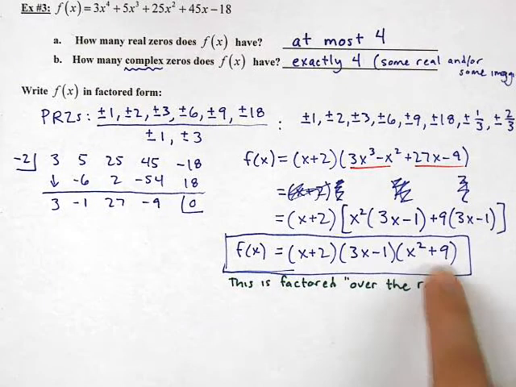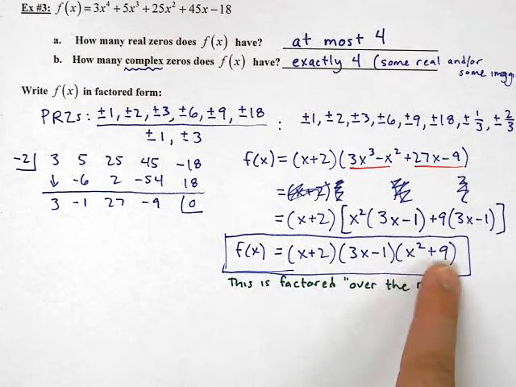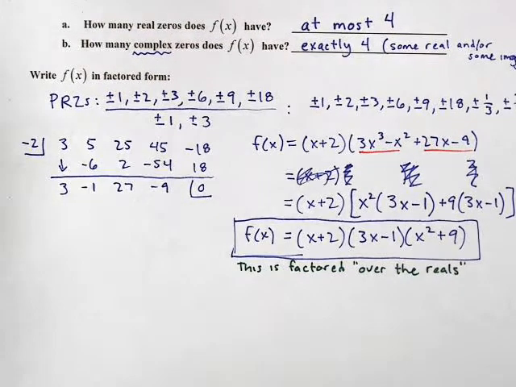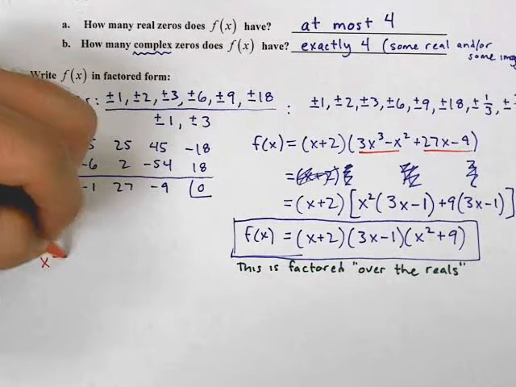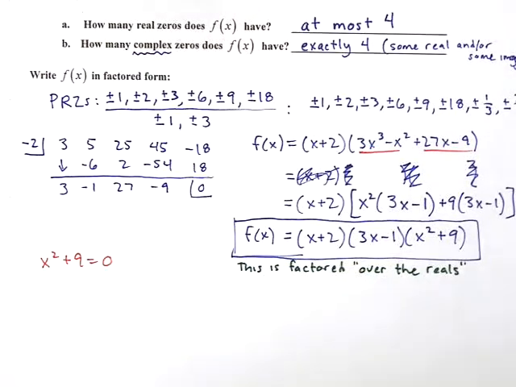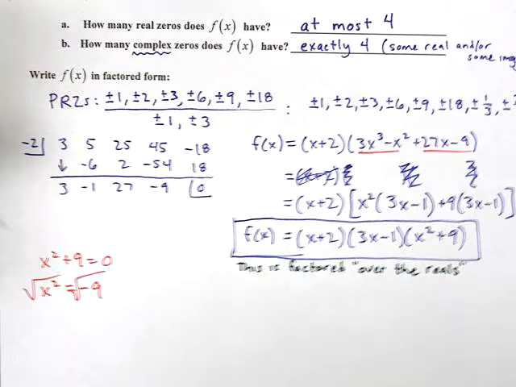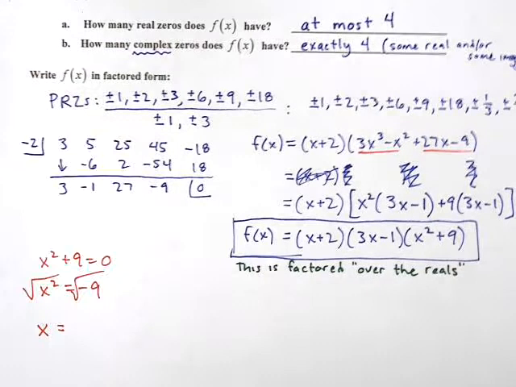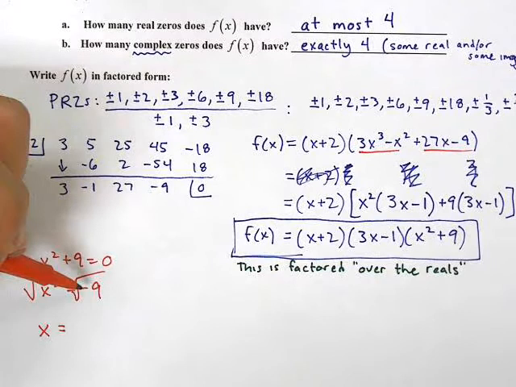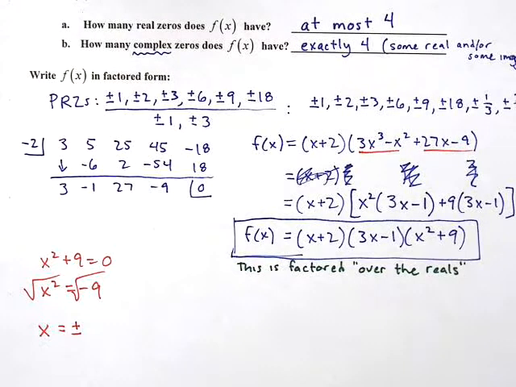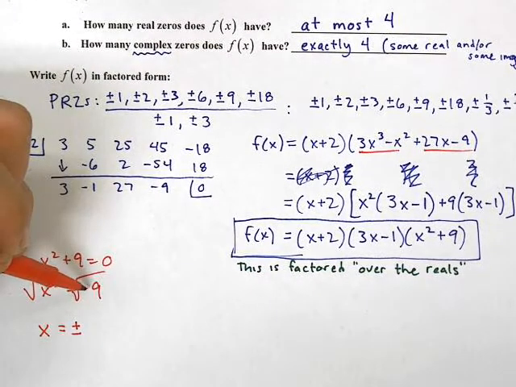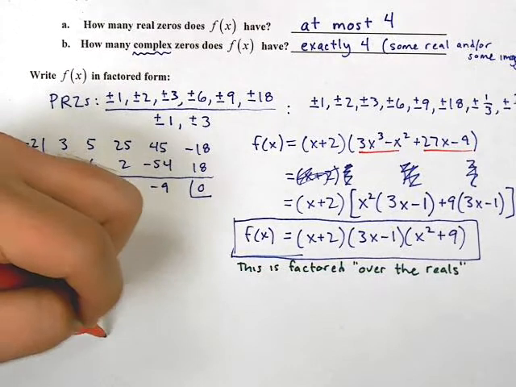We could use the quadratic formula because we have a quadratic, but we can just use the square root method here, and we can say x squared plus 9 equals 0, or x squared equals -9, or when we square root both sides, we get x equals, now let's think about this, when we take the square root of anything, we're always going to get a plus or minus, and we know that because there's a negative underneath the radical, we're going to get an i at the end.